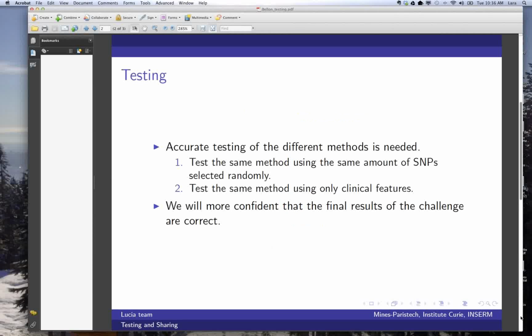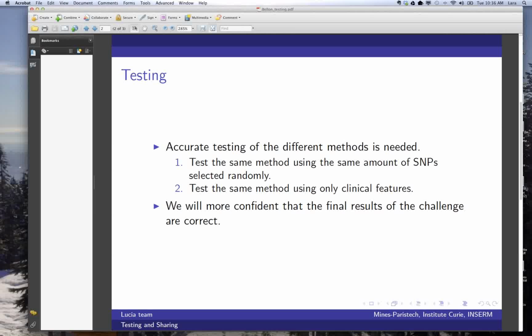Okay, thanks. As you know, we have been sending emails to everybody that we are going to focus on validating that we actually find information in SNPs. For that, we're going to work on developing models only with clinical features, but we would also like all of you to test your models using only the clinical features, using exactly the same model.